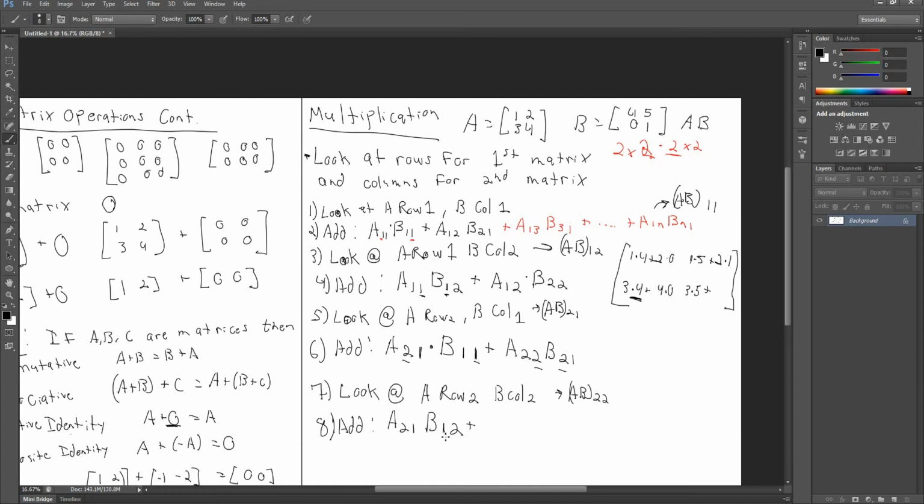now I need to increase my inside numbers so they stay the same, A, 2, 2, times B, 2, 2. The inside numbers match, so we're good. So I have A, row 2, column 2 is 4, times B, row 2, column 2 is 1.